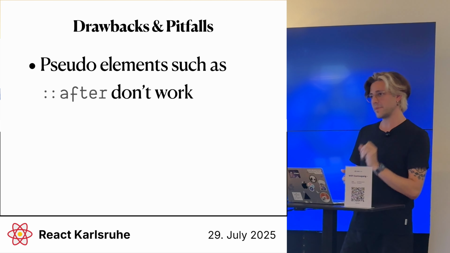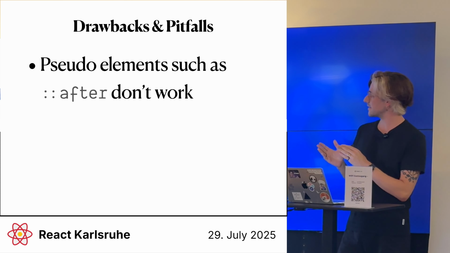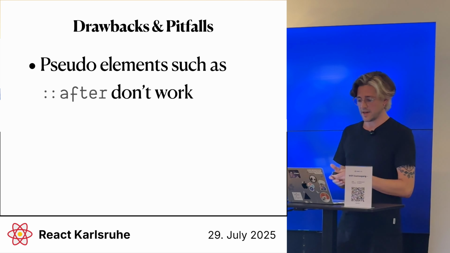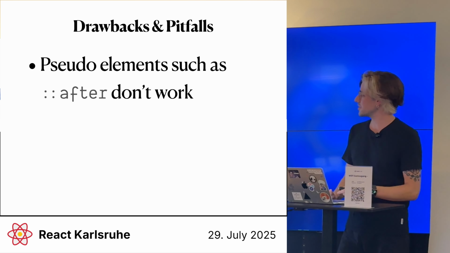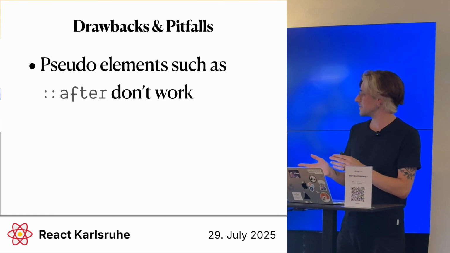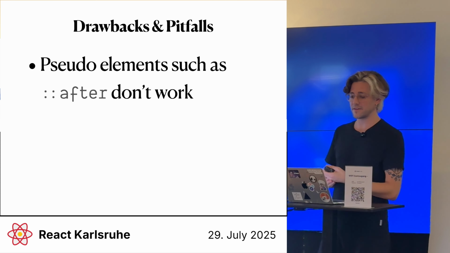There are basically two big pitfalls that I know of. The first one is pseudo-elements, such as after, before, and so on, don't work. And if you want to use those, you have to fall back to CSS, unfortunately. But I happen to realize you rarely use those in apps, in my opinion.